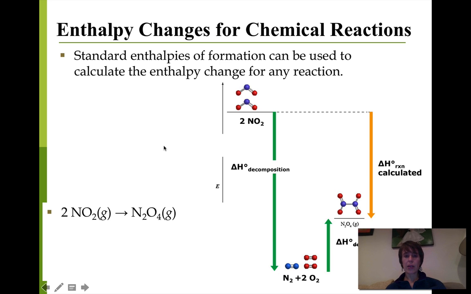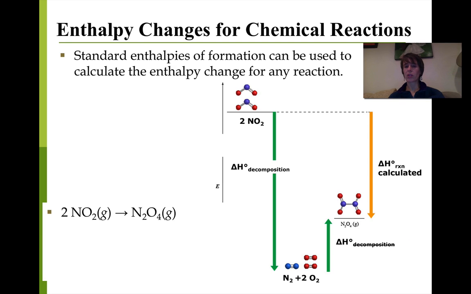So let's look at how we use the standard enthalpies of formation to calculate the enthalpy change for a reaction that's not a formation reaction. The reaction we're going to look at is two nitrogen dioxides combining to form dinitrogen tetraoxide. And we can look at this reaction as two steps.